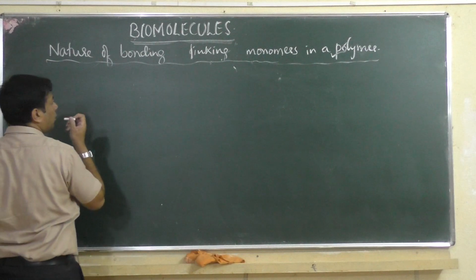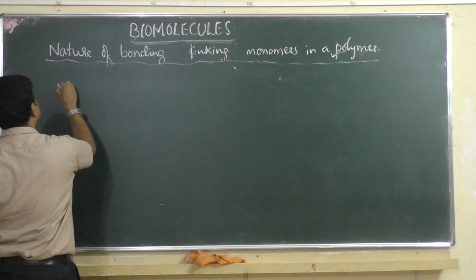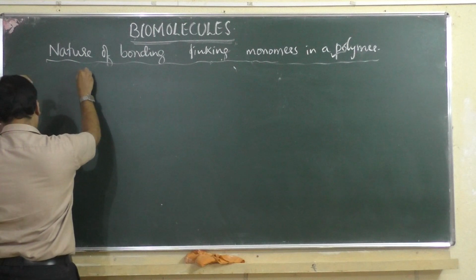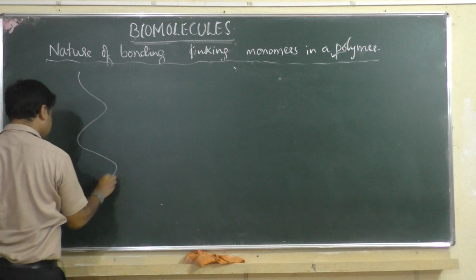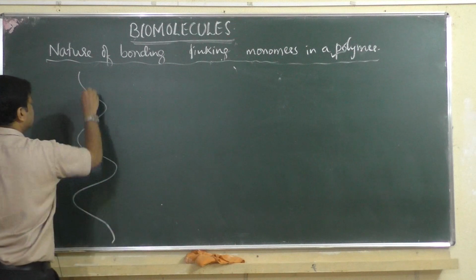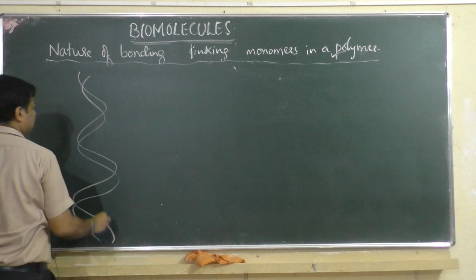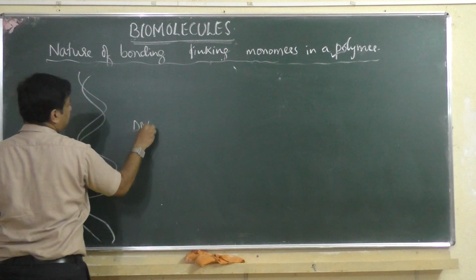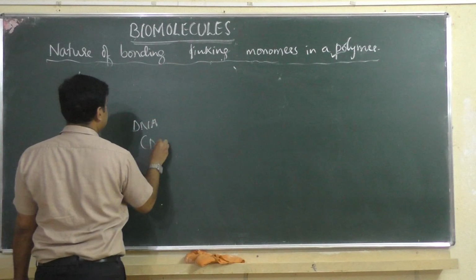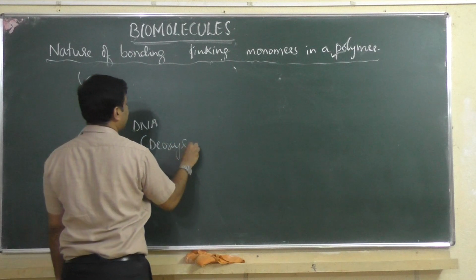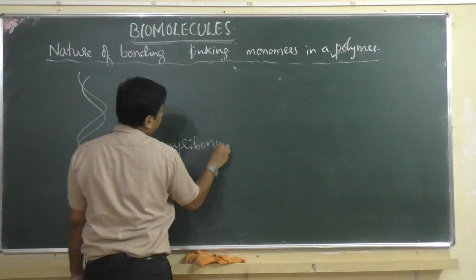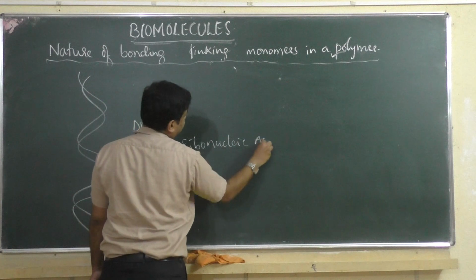If we have to see DNA structure, DNA is a helical structure like this. This is the structure of DNA, that is deoxyribonucleic acid.